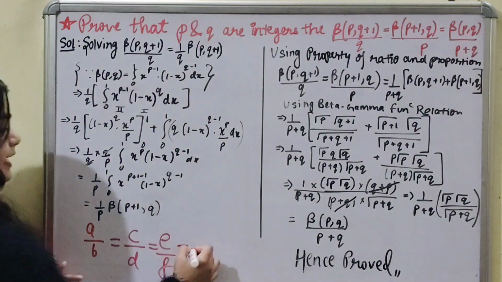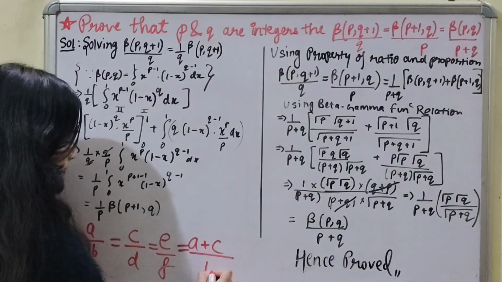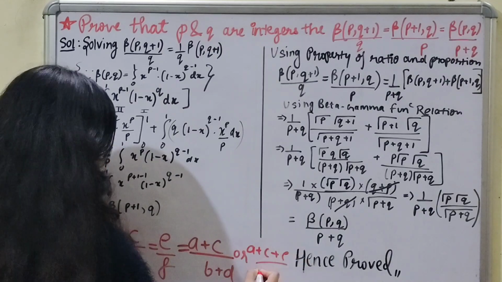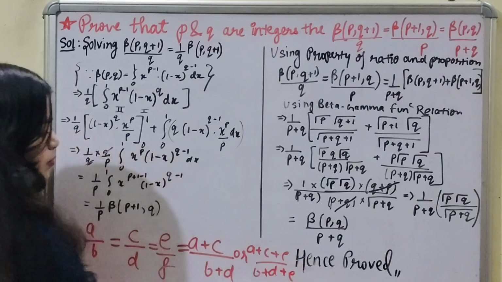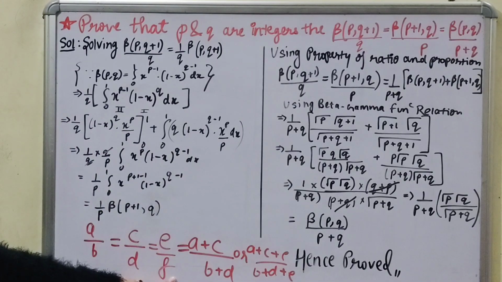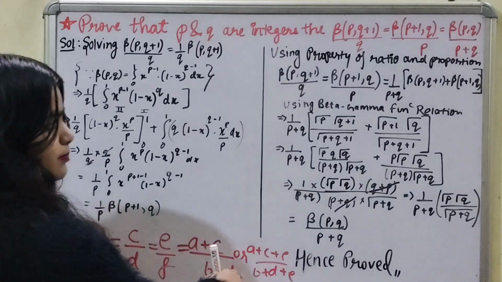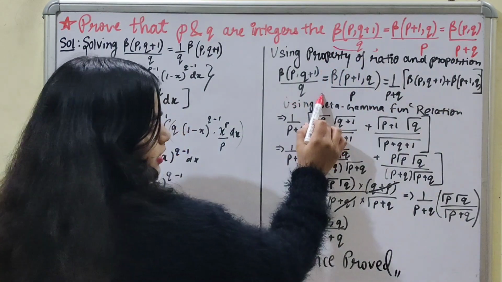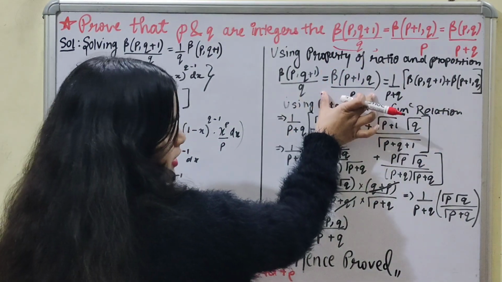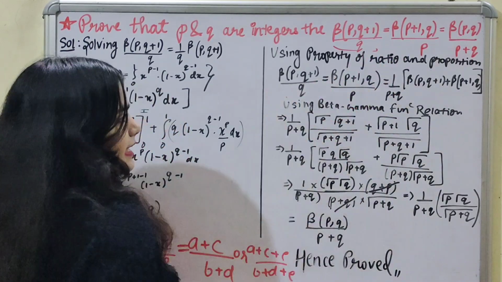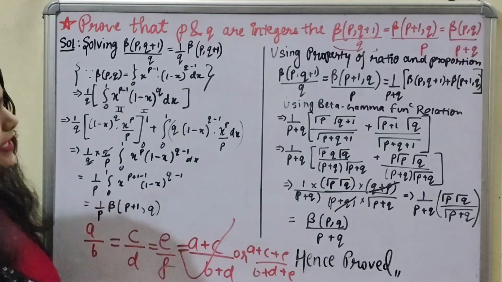For this we are getting A plus C upon B plus D, and more combinations you can make, like C plus E upon D plus F or A plus C upon B plus F. When we use this property here, we write the first one and the middle part here, and then use this property.